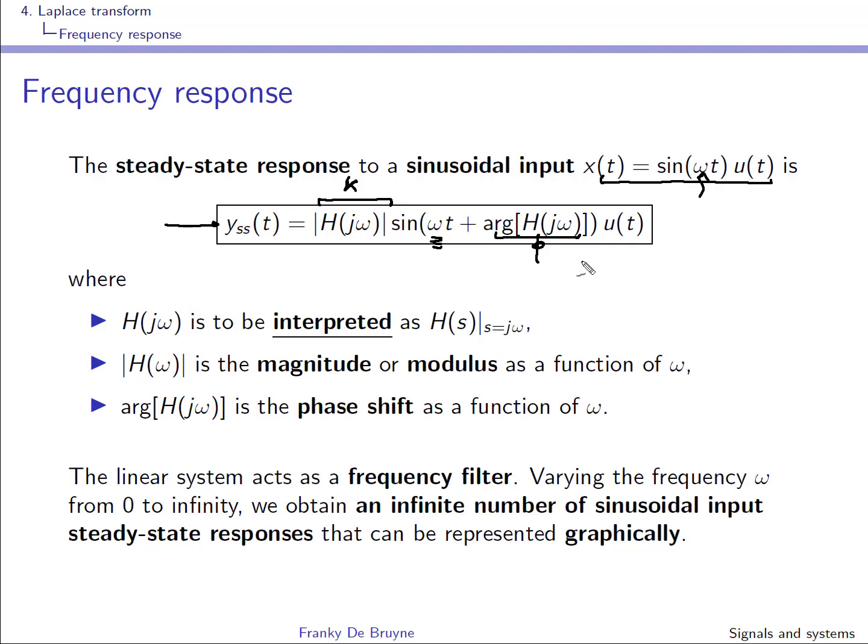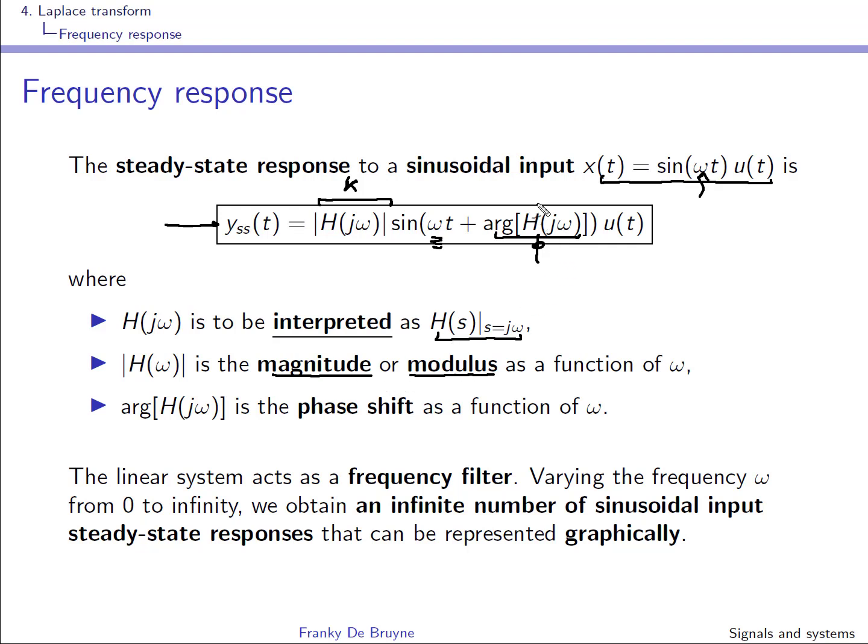Okay. Well, the nice thing about this equation is that we know now how to obtain K and how to obtain phi as a function of frequency. So the amplification is obtained by considering H of s at s equal to j omega and considering the magnitude or the modulus.